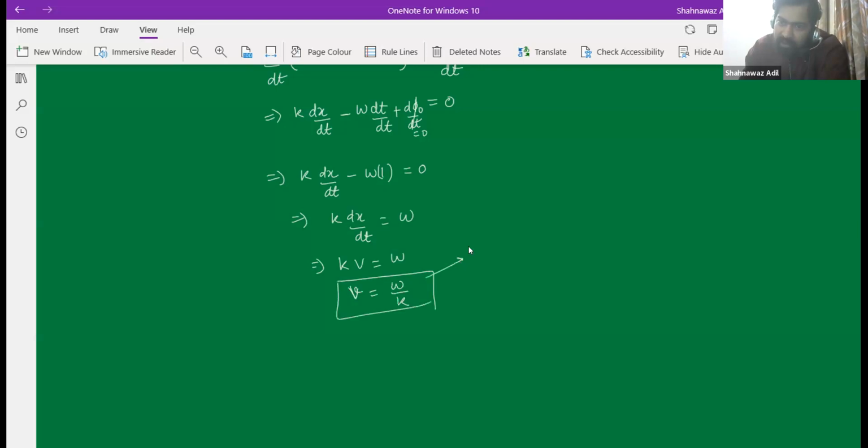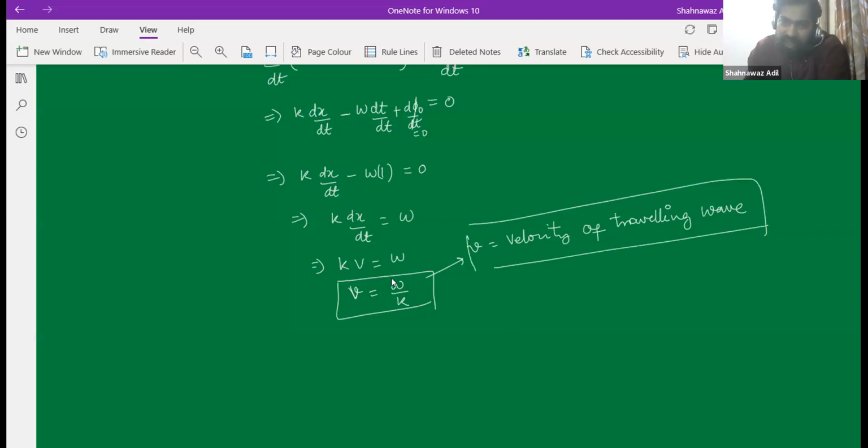So this v is the velocity of the traveling wave that we get, and we can also write ω as 2π times frequency, and k is 2π by lambda.